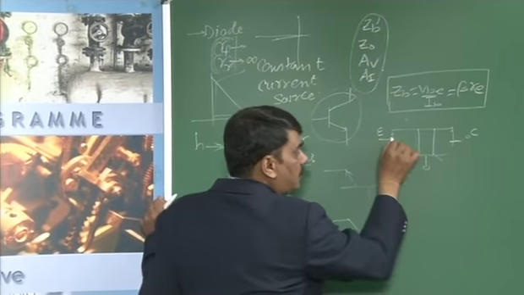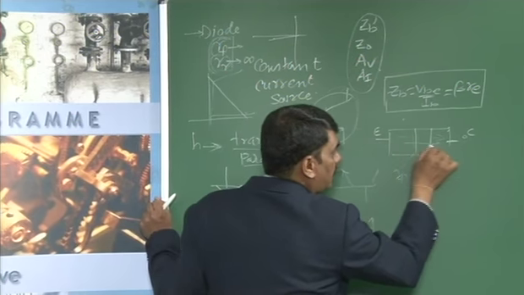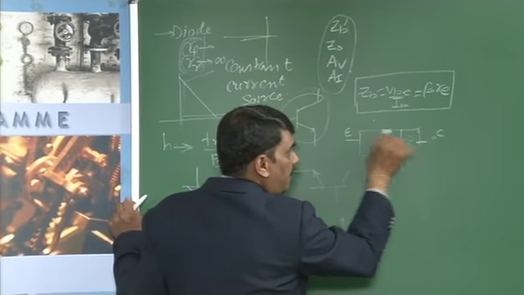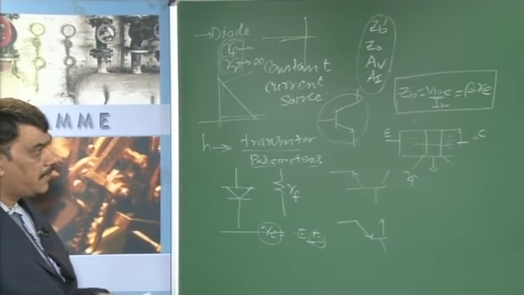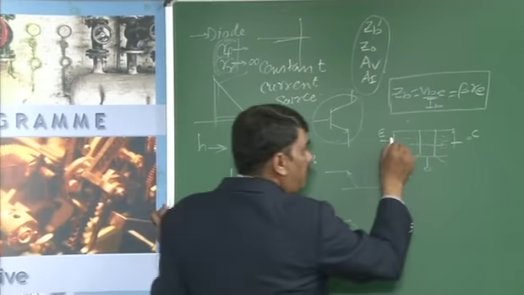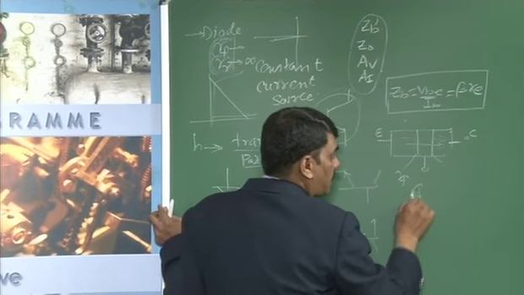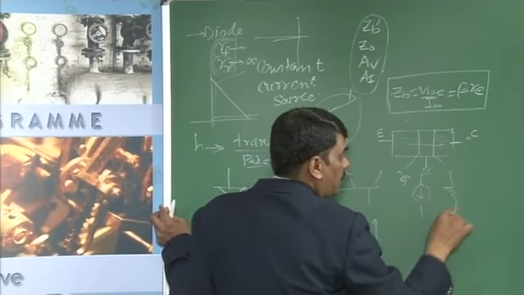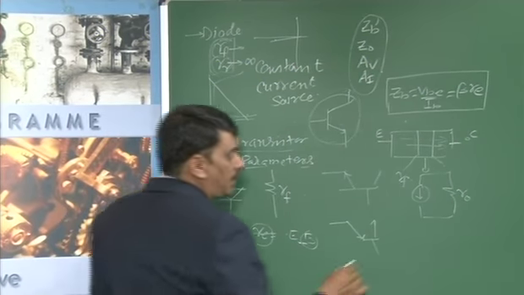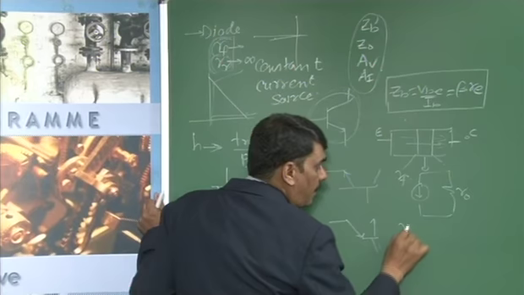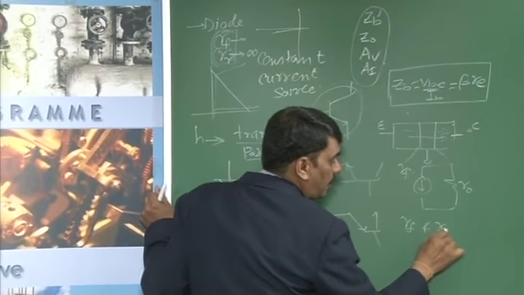Still, because charge carriers are crossing over this junction, there is a conductivity between the emitter and collector. Hence, in the case of a common emitter configuration, we can replace this constant current source in parallel with the resistance R naught.